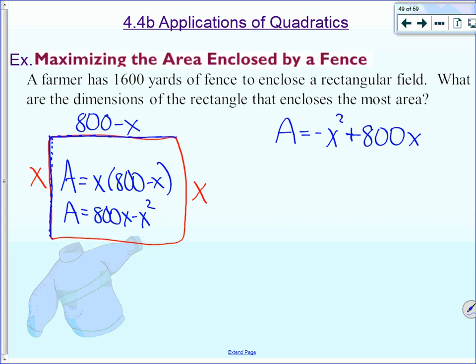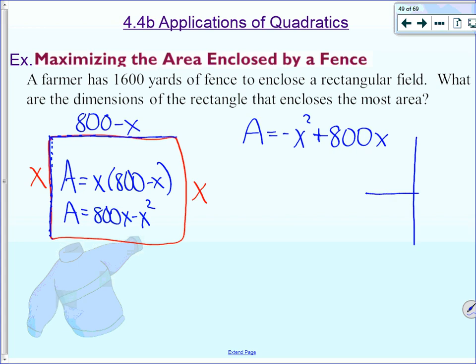So I want to maximize the area. So this is a rough sketch of my parabola, where x is the length of one of the sides of my enclosed area, and A is the area that I'm enclosing. So I know this goes through the origin because my y-intercept is 0, and I want to find what value maximizes my area.